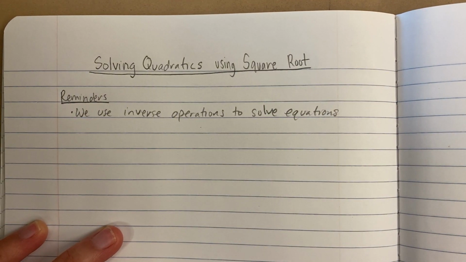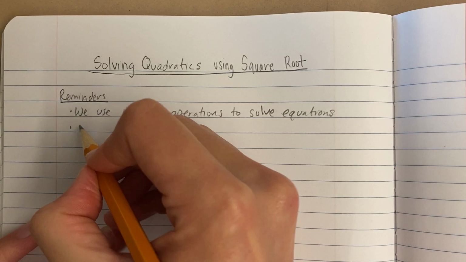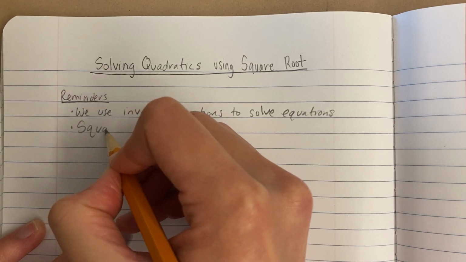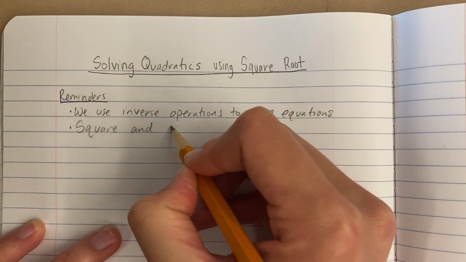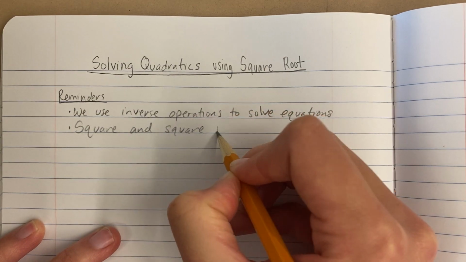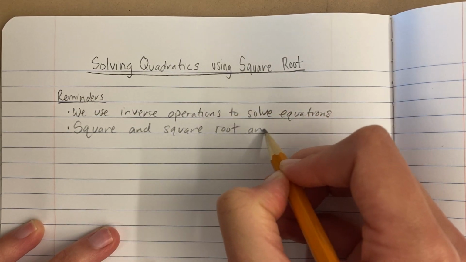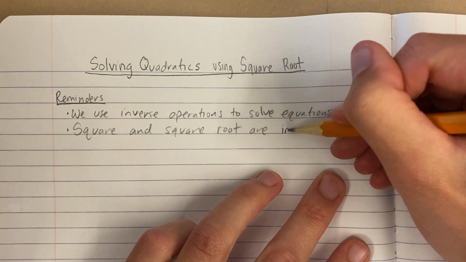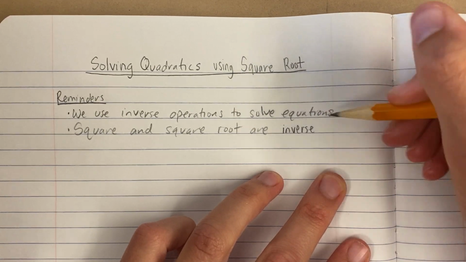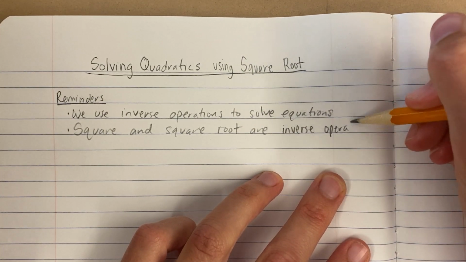Another reminder is that square and square root are inverse operations. What does that mean? It means they do undo each other.